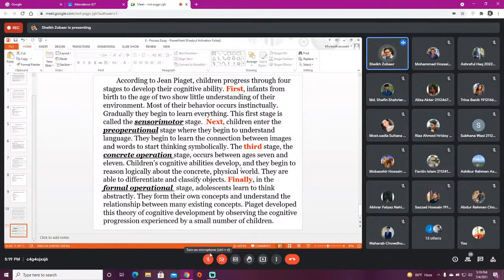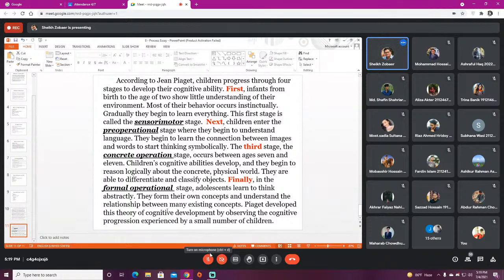Okay, now again, you cannot create these steps, they are already there in nature. Scientists have done their research and identified that pretty much any healthy human baby goes through these 4 stages of mental or cognitive or simply brain development.